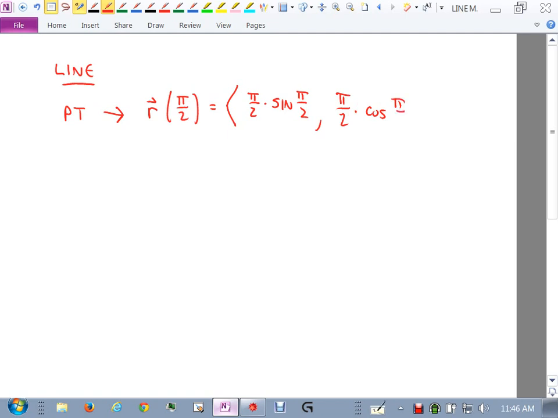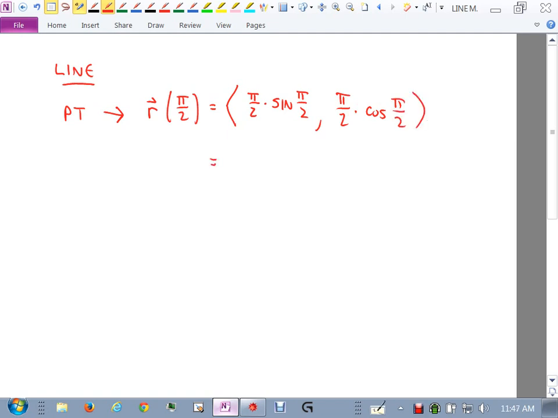For the line, I need a point. How can I get the point? Okay, plug in pi over 2 into the original vector function. So let's plug that in. The original one was t, so pi over 2 times sine pi over 2, and then t times cosine pi over 2.